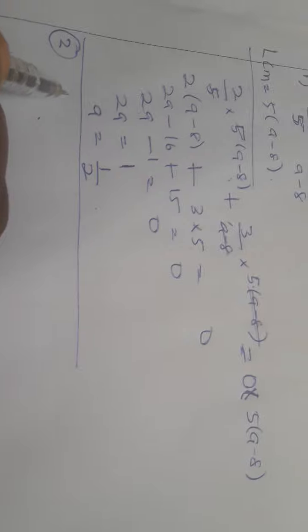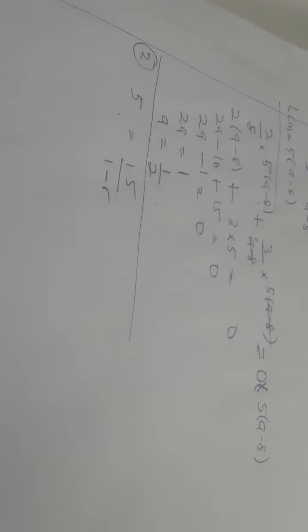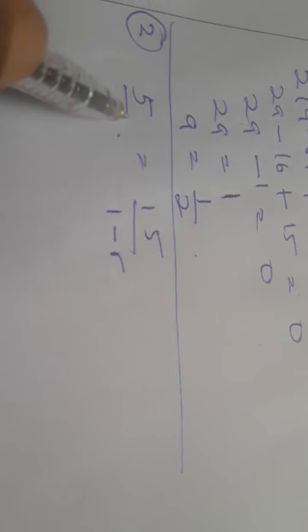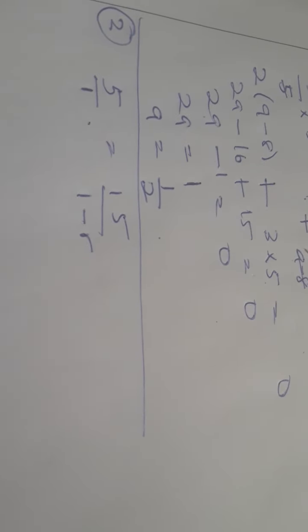Next illustration, you have 5 is equal to 15 over 1 minus r. It's the way you think that helps you to solve your maths questions accurately. You could very easily cross multiply, but like I said, I would apply the LCM again. The first thing is to change this into a fraction by putting it over 1.